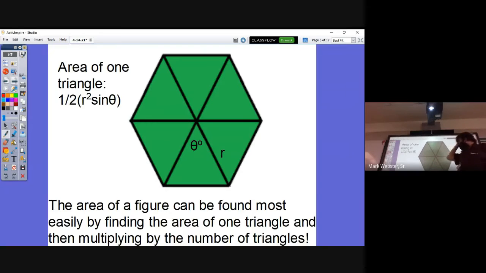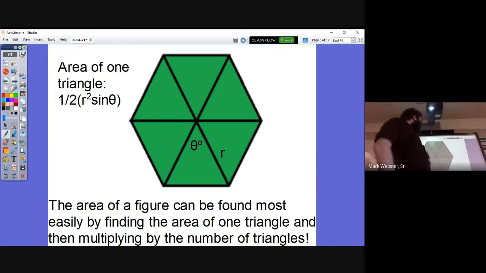Then we can just ask, what's the angle? And then we can do 1/2 times the radius times the sine of the angle. So all we have to do is figure out what the radius is, and then we're immediately good to go. So one triangle is 1/2 times the radius squared times the sine of the angle.